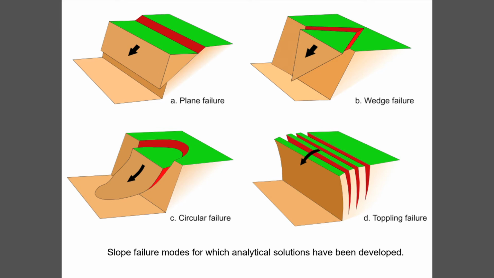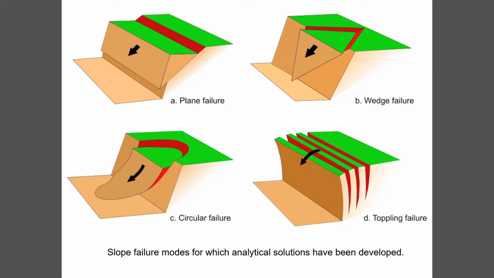Circular failure, down on the lower left, we come across most commonly in soil slopes or transported material slopes, but it can occur in rock masses where the slope is very large, such as the kilometer-high slope I showed you in Chuquicamata, and where the failure surface finds the path of least resistance, which might be on a whole number of structural features and perhaps some failure of the intact material.